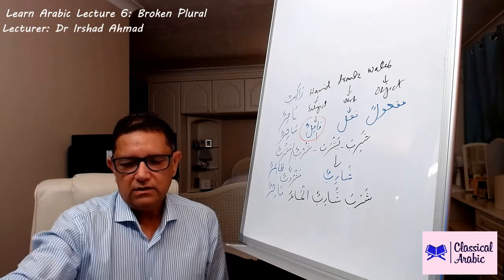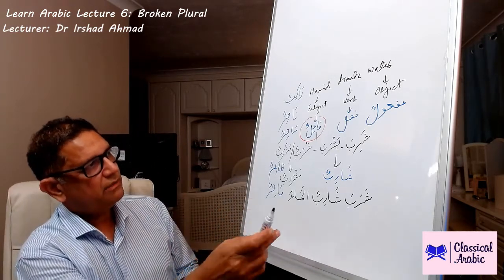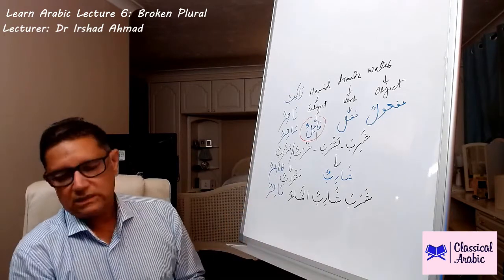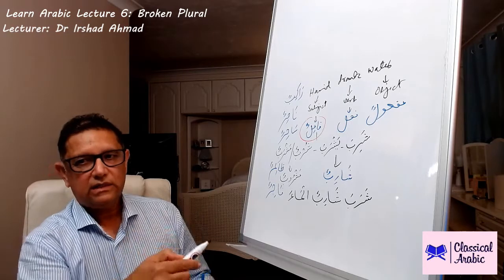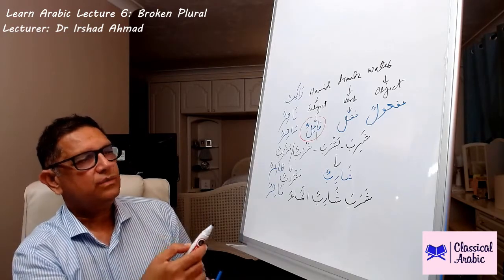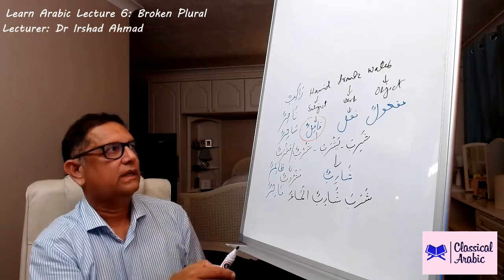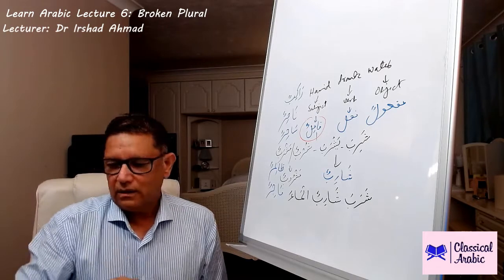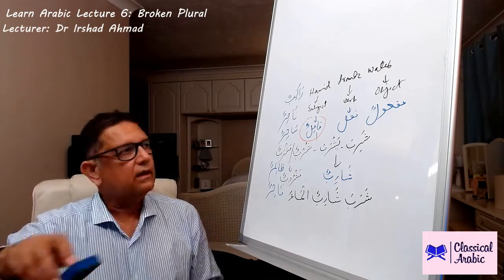Okay, so fa'ilun is a pattern which gives us the name of the action of the verb and the generic person who is performing that action of the verb. Let's focus on fa'ilun here.